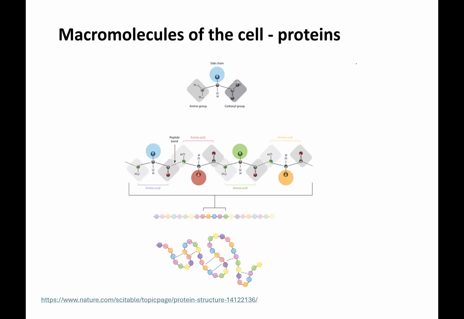I want to focus on proteins, and then we're going to come back to a couple of really important nucleotides. Proteins are made of amino acids. Amino acids have an amino group, which is an NH2. Sometimes you see it as NH3 plus.